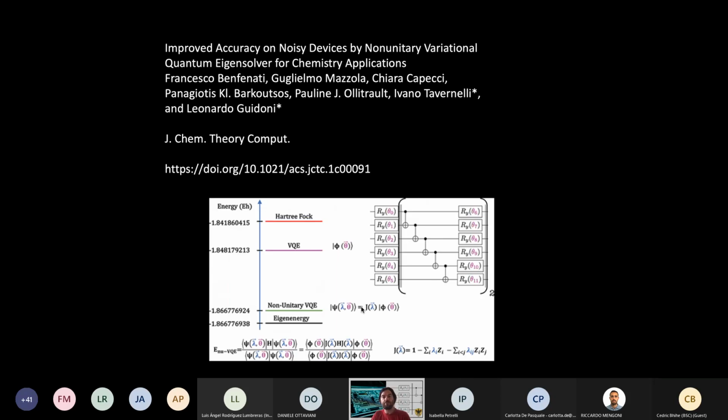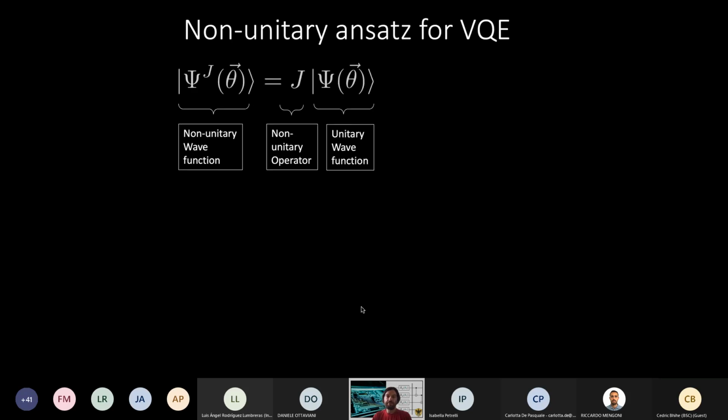Okay, now I just want to show you one further step, which is a very recent work that we have done in collaboration with IBM Zurich, and it's an extension of the variational quantum eigensolver. You would like to extend your wave function to a non-unitary wave function.